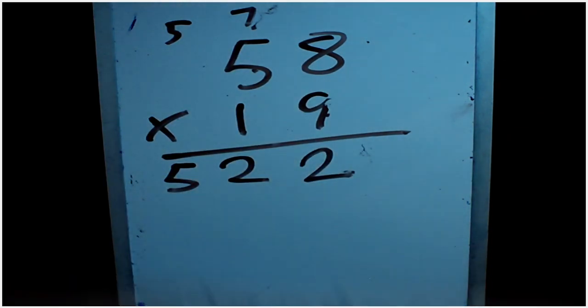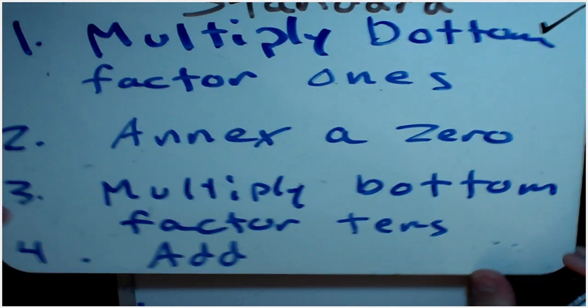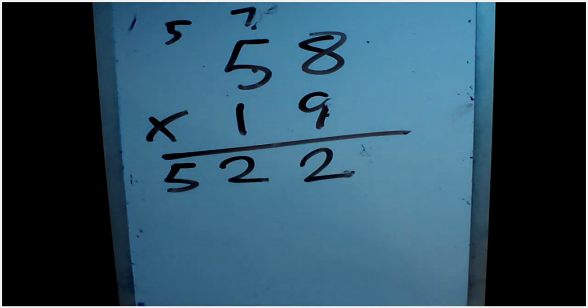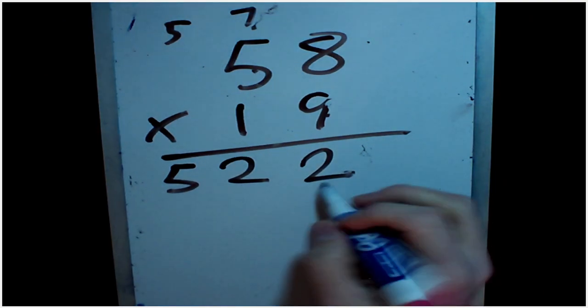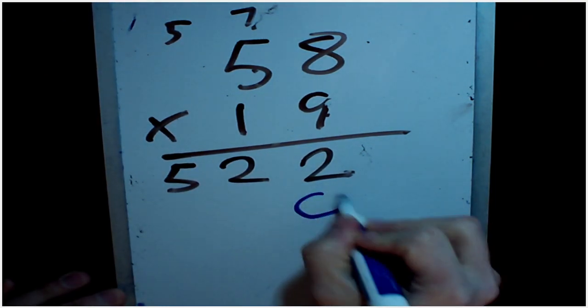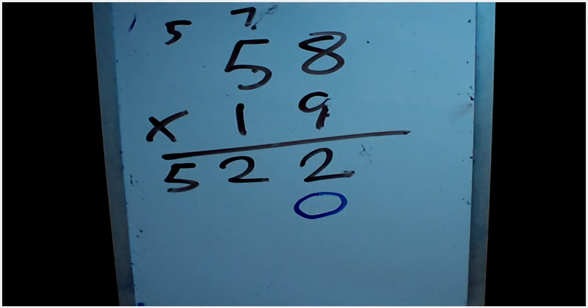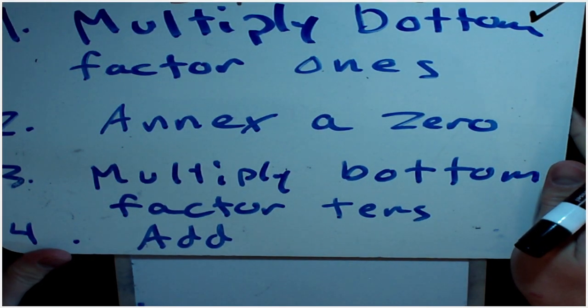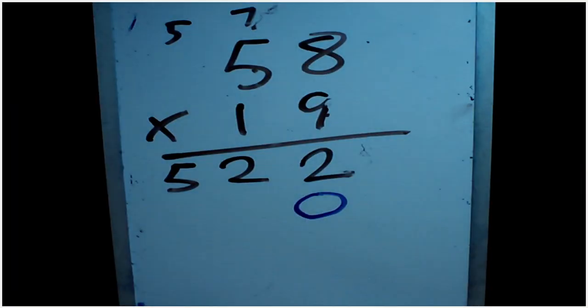Our next step from there would be number 2, annex that 0. You're putting that 0 no matter which problem you're working on. If you're using this method, you're always annexing that 0 right there. So now, step 3, we multiply the bottom factor's tens.